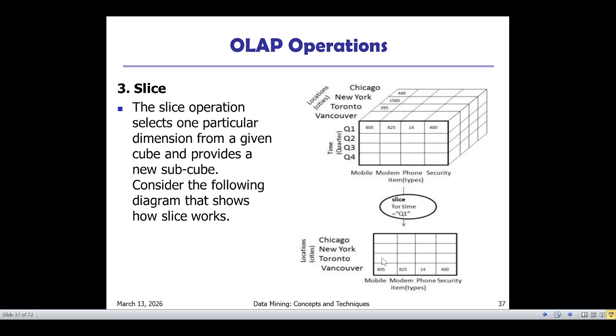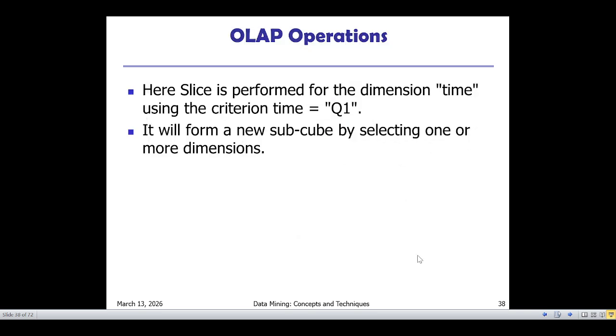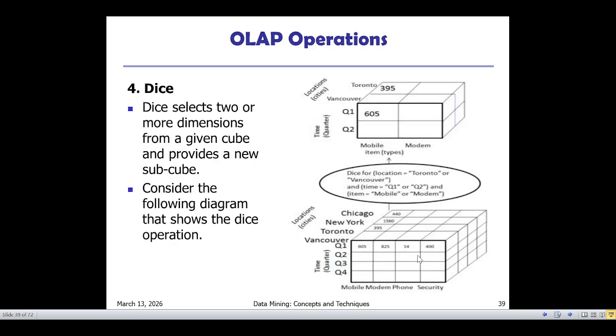Third operation is slice. The slice operation selects one particular dimension from a given cube and provides a new subcube. So when I'm applying the slice operation for time Q1, my new subcube looks like this. The fourth operation is dice. Dice selects two or more dimensions from a given cube and provides a new subcube. So here I'm using dice for location and time.